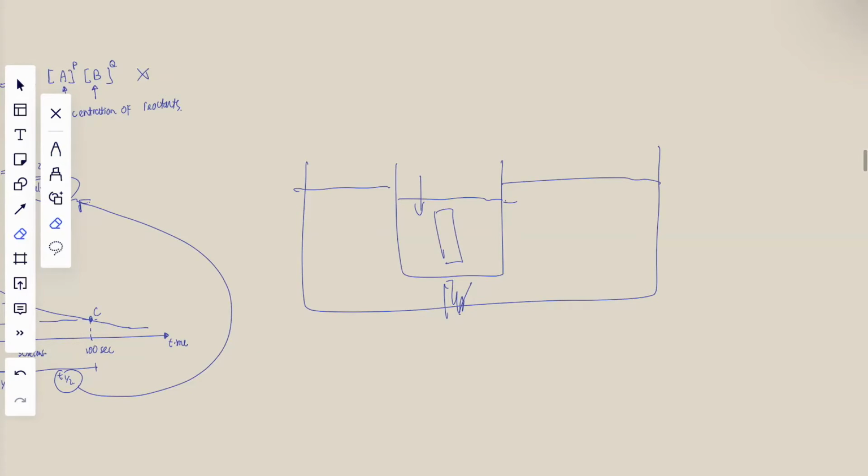But this is quite troublesome, because you use the water to heat up the beaker inside. That means it's going to be very, very slow, so you can maintain the temperature of this thing.